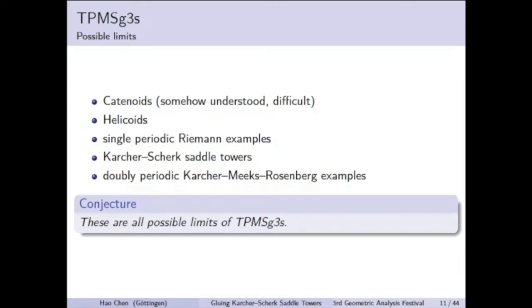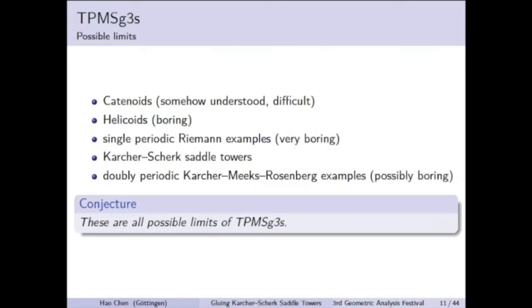Well, Traizet and I have studied catenoid limits. We have a complete description, as we mentioned, which is a simple formula whose solutions give the positions of the catenoids. But this is not enough because we still don't have a clear idea about the solution space. Actually, to study the solution space seems very difficult.